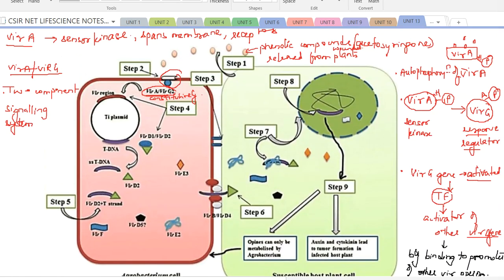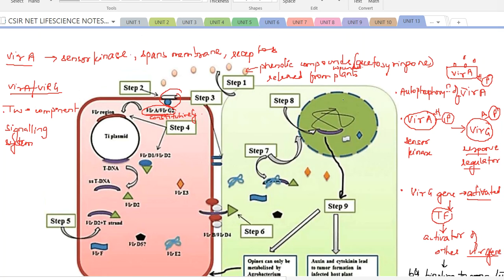VirA has a receptor which will sense the phenolic compounds released by the wounded plants, that is acetosyringone. VirA and VirG act in the two component signaling system, where VirA is a sensor kinase and VirG is the response regulator. Once VirA senses the acetosyringone, it gets autophosphorylated on its histidine residue, and then transfers its phosphate group to the aspartate residue of VirG.